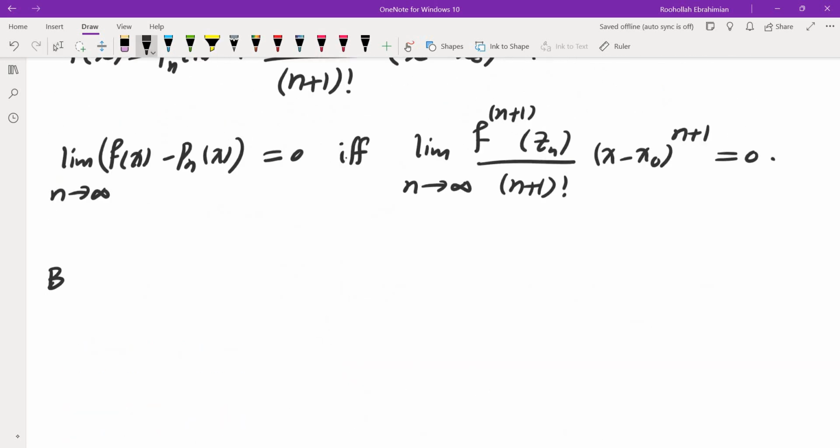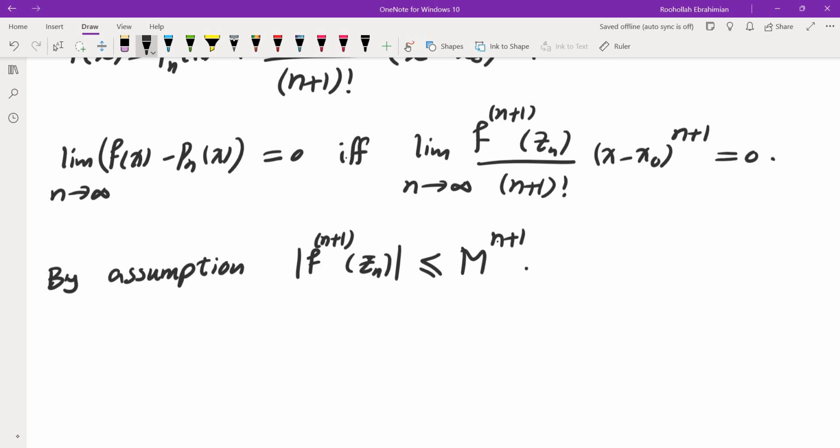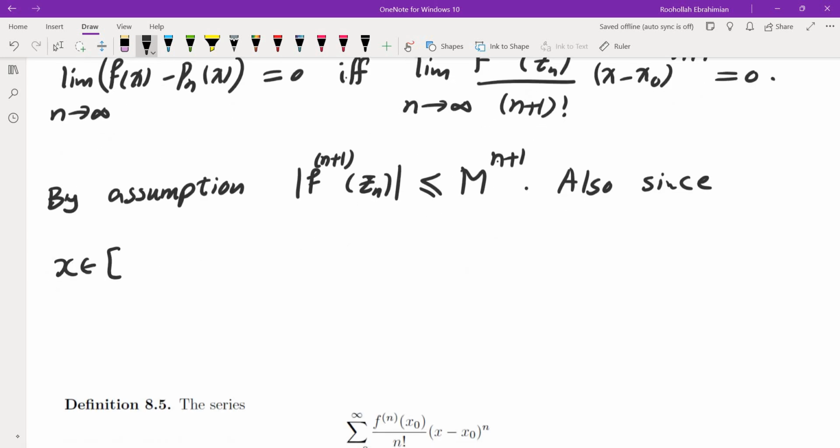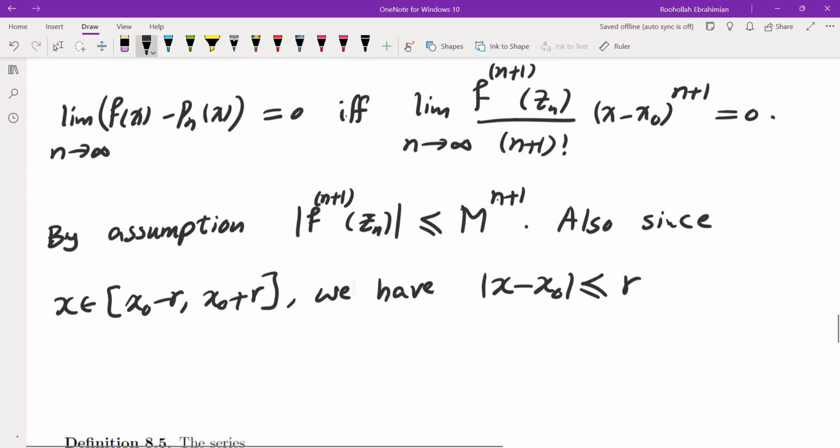So now, by assumption, f^(n+1) of Zn is at most m to the power of n plus 1. Also, since x is inside the interval from x naught minus r to x naught plus r, we have that the difference between x and x naught is not more than r.